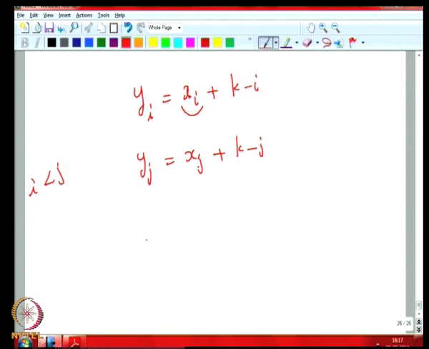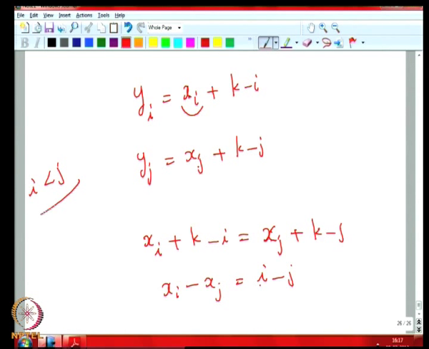Now, when you take xi + k - i, suppose this is equal to xj + k - j. So that is xi - xj = i - j, but i is smaller than j. So this is a negative number, but xi is bigger than xj, so this is a positive number, right, positive number.